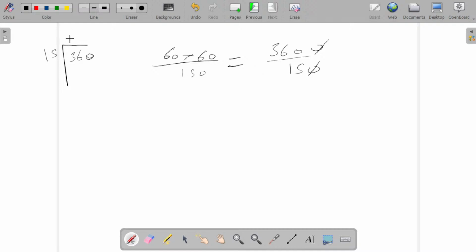Okay, 15 twos are 30. Let me solve this again: 360, 15 twos are 30, so here will be 60. Okay, 15 fours are 60.